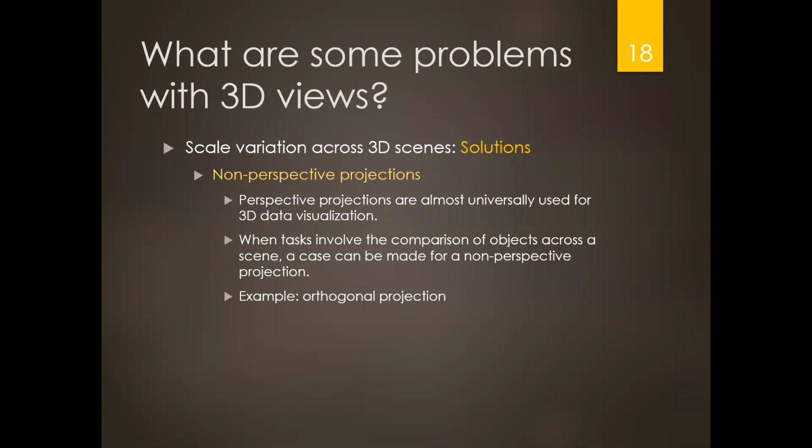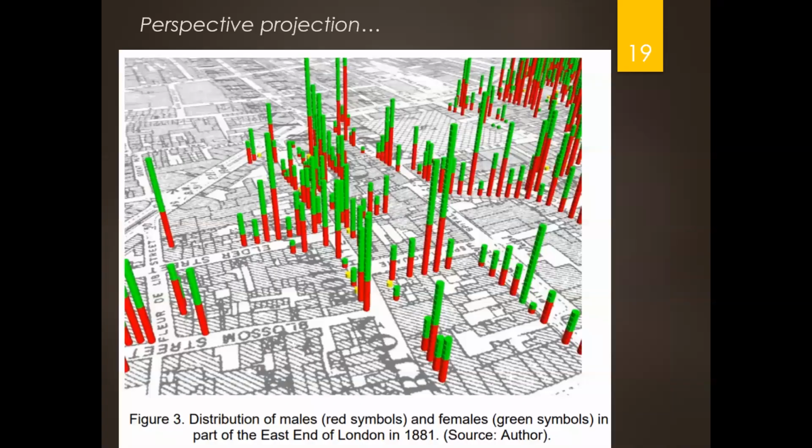We can also use something called non-perspective projections to solve people's misjudgment about distance. For example, in this 3D geovisualization, we have so many bars.